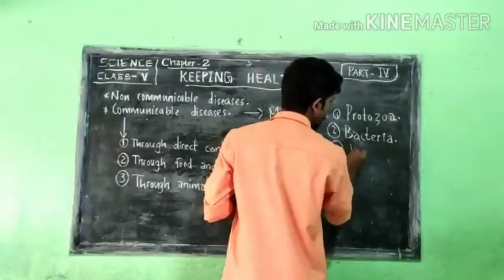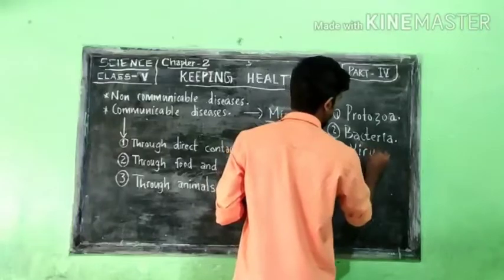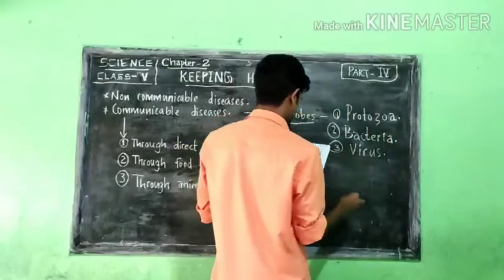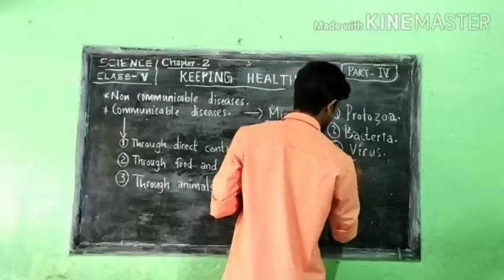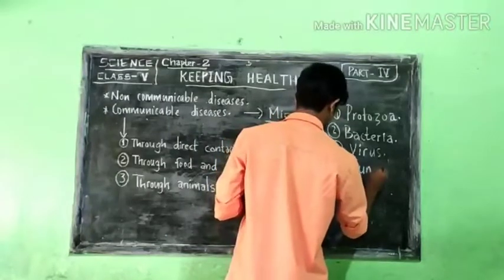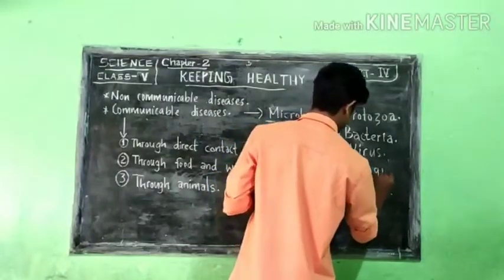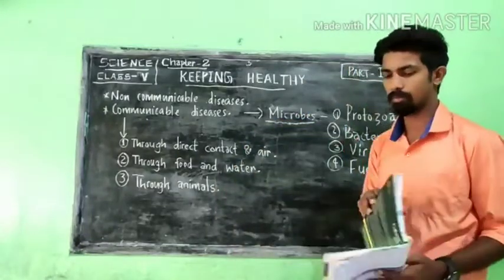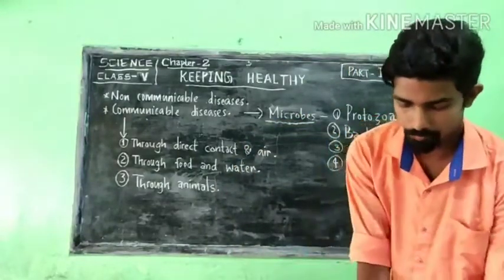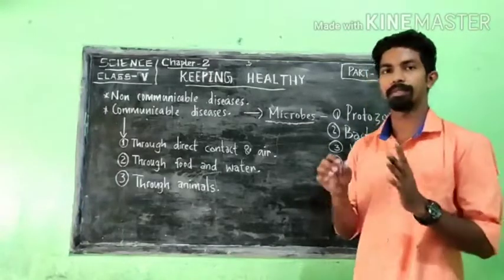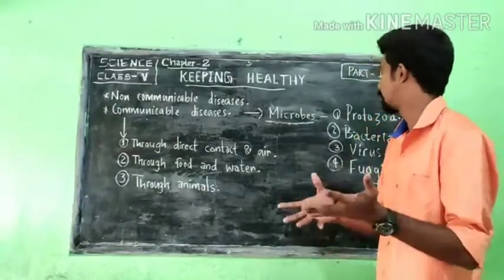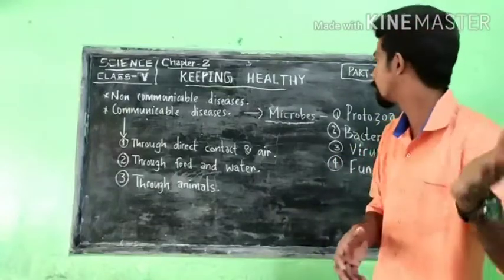Third one is virus. Then the fourth one is fungi. So these are the main four different types of microbes present in our living society.